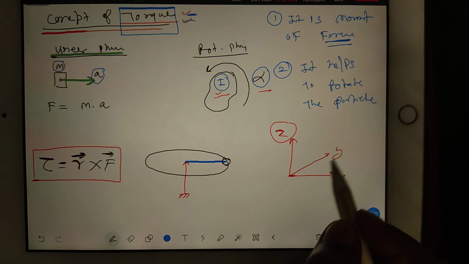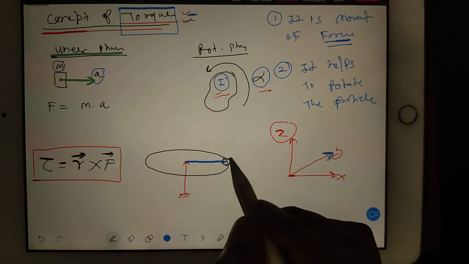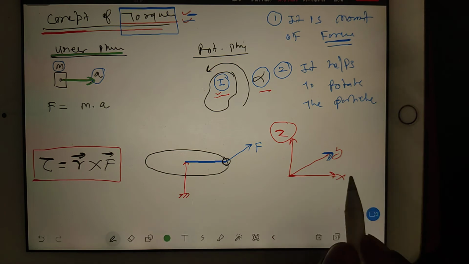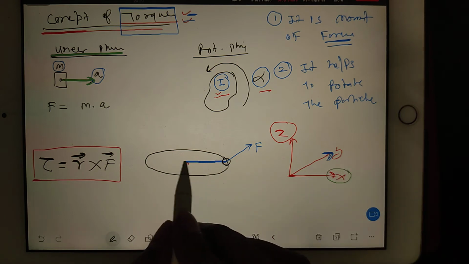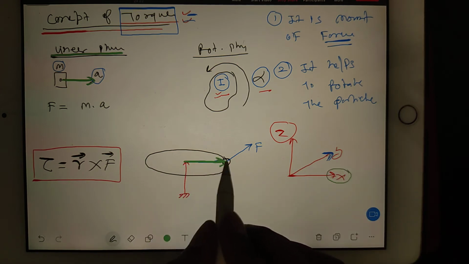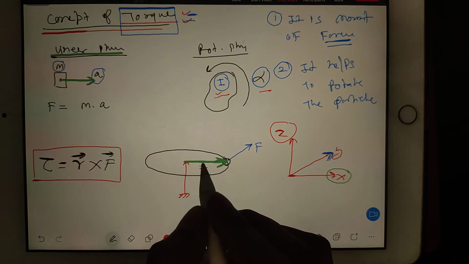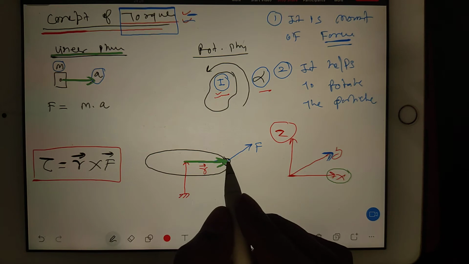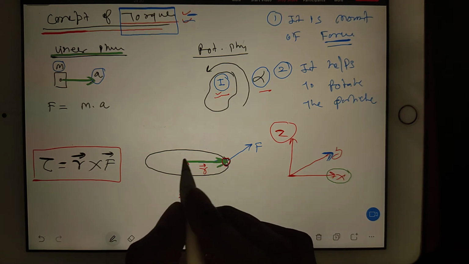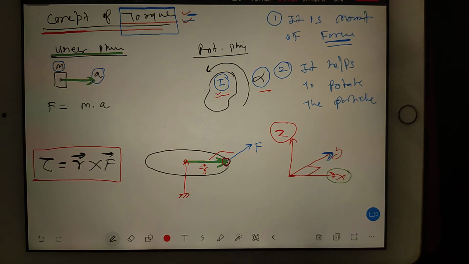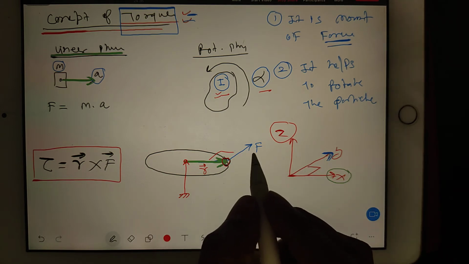Now in this y direction you are applying your force, and in this x direction you have the location of the object. Because the r vector is very clear, that is the position of the particle with respect to the origin, and they are at 90 degrees. So r and f are clear.